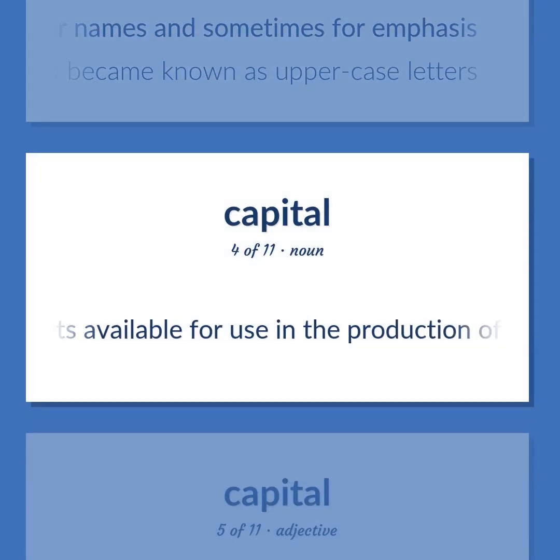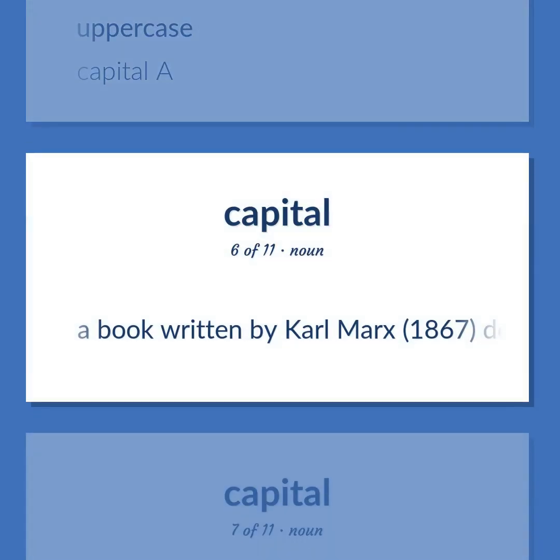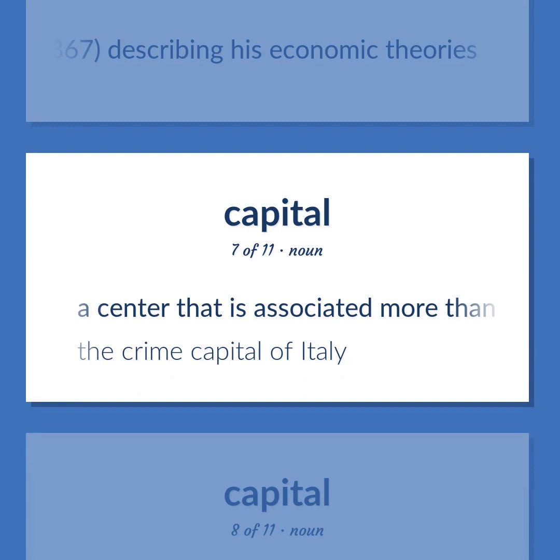Assets available for use in the production of further assets. Uppercase. Capital A. A book written by Karl Marx, 1867, describing his economic theories. A center that is associated more than any other with some activity or product. The crime capital of Italy.